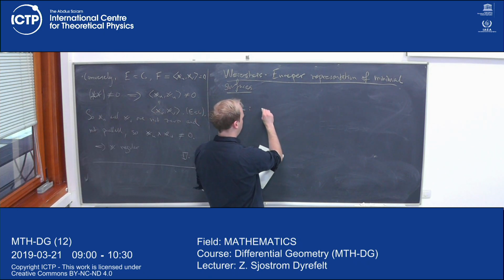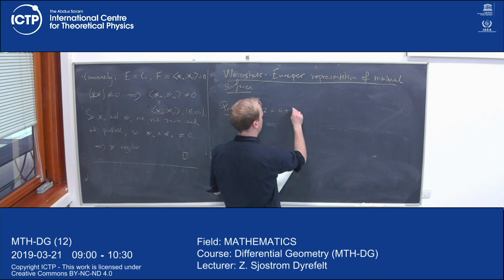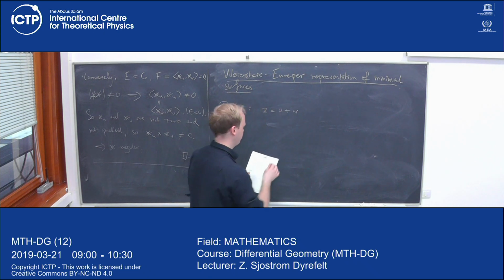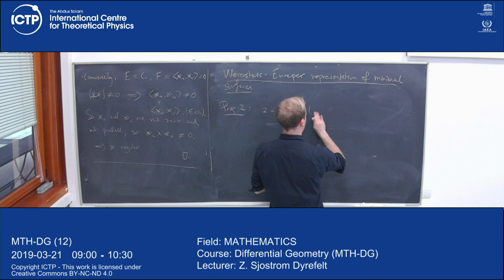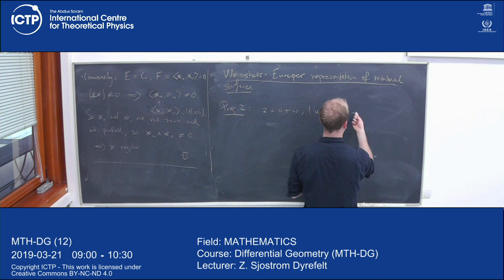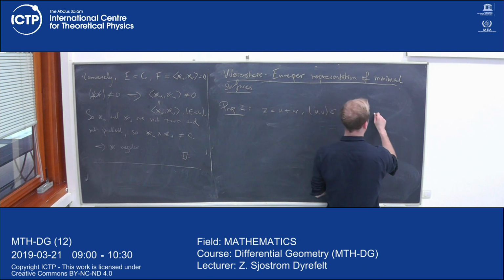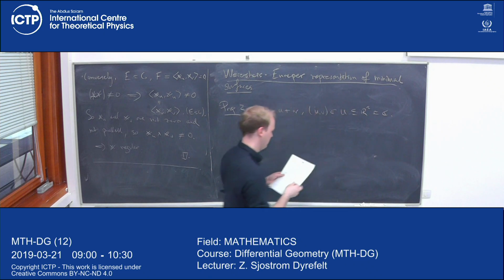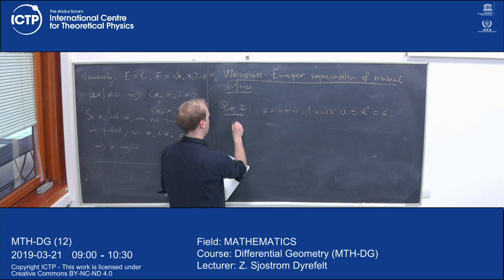So suppose z equals u plus iv, where (u, v) is in some open set U in R2, which we identify with C as before.